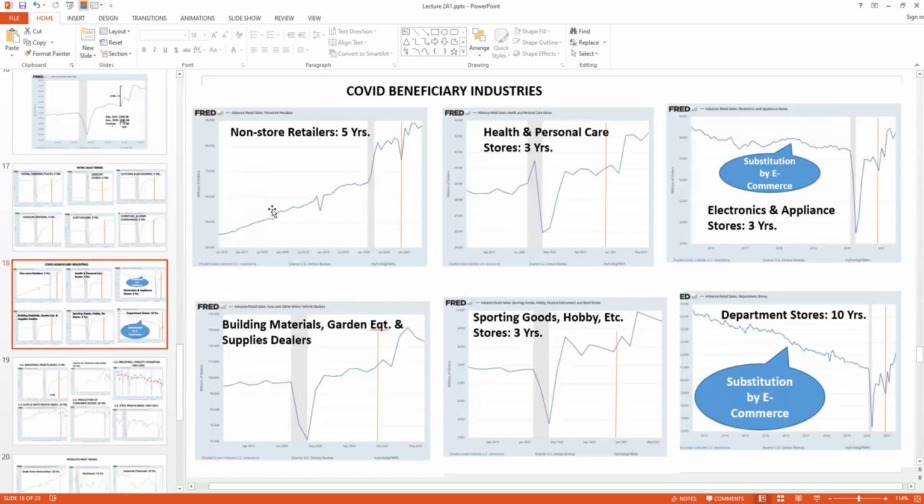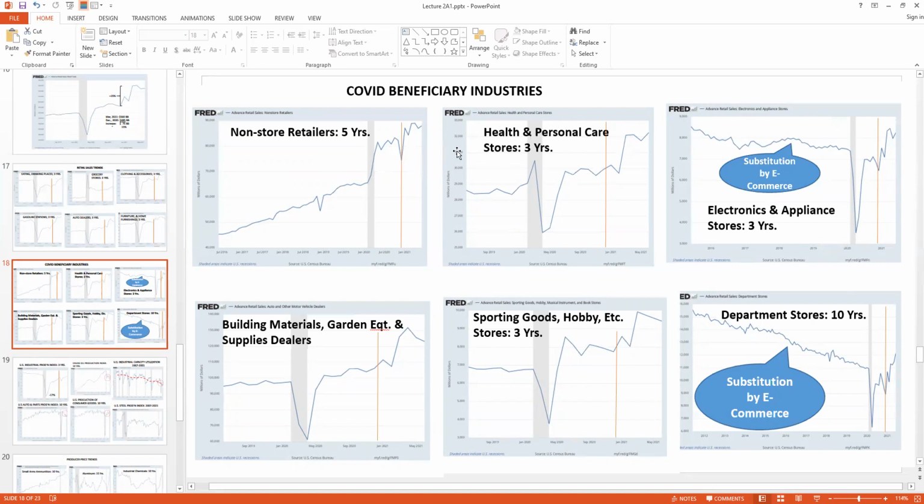Okay, so what industries actually benefited from the pandemic? Non-store retailers. You know who I'm thinking of, Apple, right? So you can see how the sales of the online e-tailers really took off after the pandemic began.